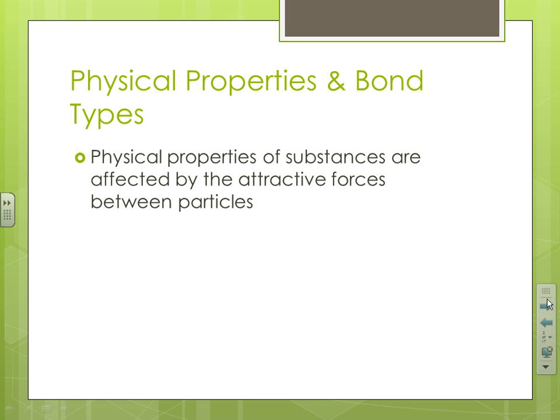We're going to be talking more about what happens when the north pole of this magnet and the south pole of this magnet come together. So now we're not talking about a single magnet, we're talking about multiple magnets. Does that make sense? It's not the attractive force that holds atoms together, it's the attractive force that holds molecules together or particles together. Okay?